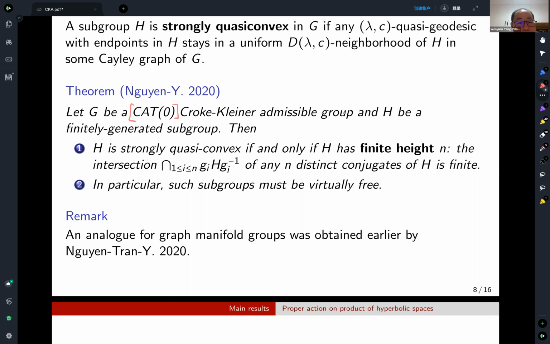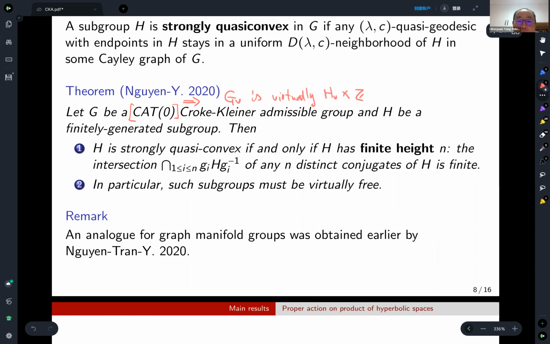If we impose the CAT0 condition on this group, then this central extension is virtually a direct product, because a central extension of a CAT0 group must be virtually a direct product. So virtually it is a hyperbolic group cross Z.